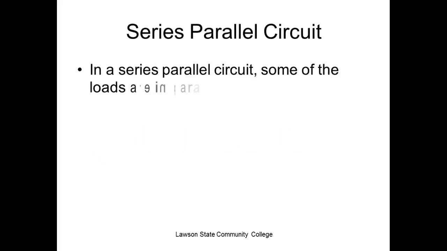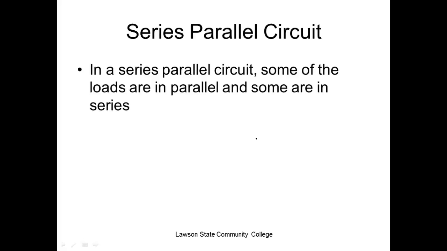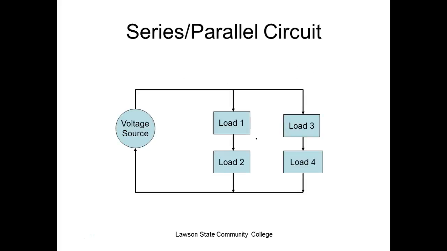Series parallel, we'll have to look at that. So this would be an example of a series parallel. Some of the loads are in series, and then we have what we call branches, and the other ones are in parallel. So we would treat this one like a series circuit.